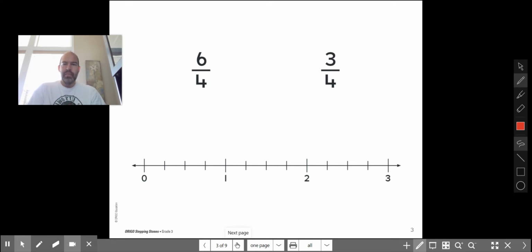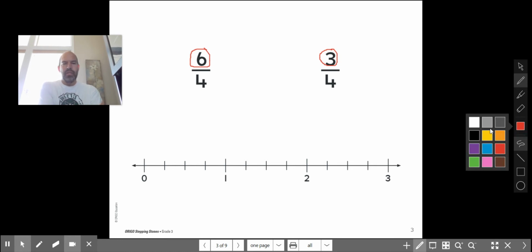It's very simple to see because when you look at the numerator, unlike the denominator, the numerator tells us how many total parts are being shaded, and that's 6 parts, and this is 3 parts. And they have the same denominator, so really, you could actually kind of cover this up.